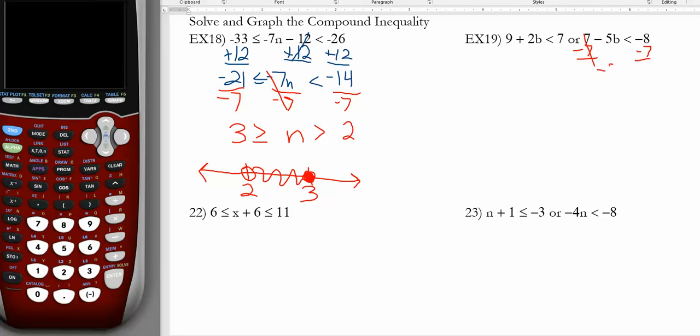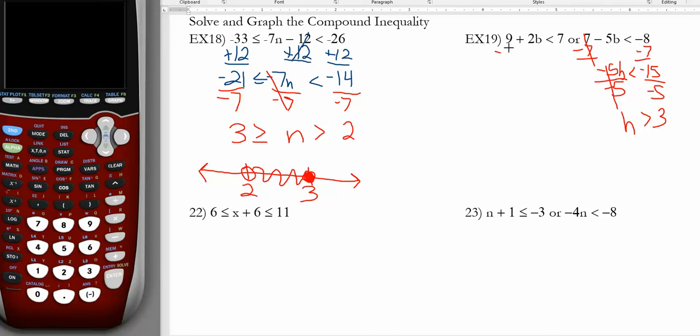End up with negative 5b less than negative 15, which then we divide by the negative 5 on both sides and end up with b is greater than 3 because again divided by a negative we had to flip.